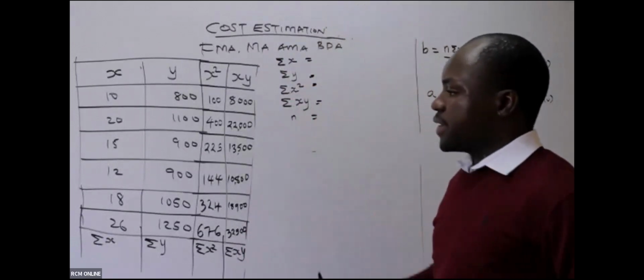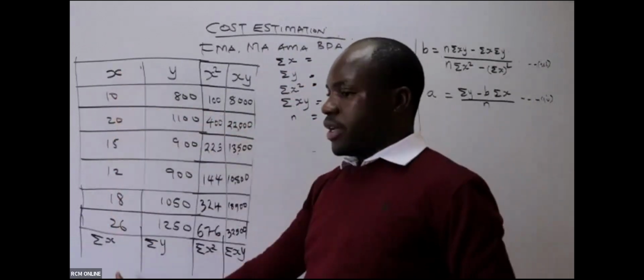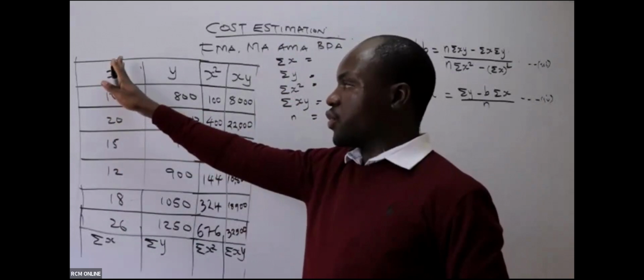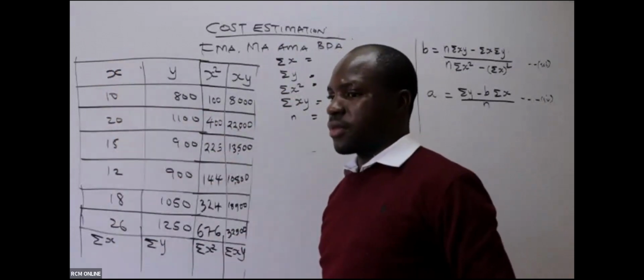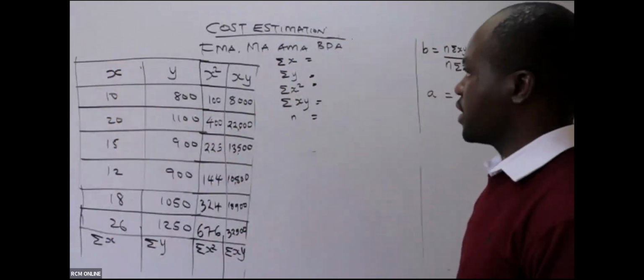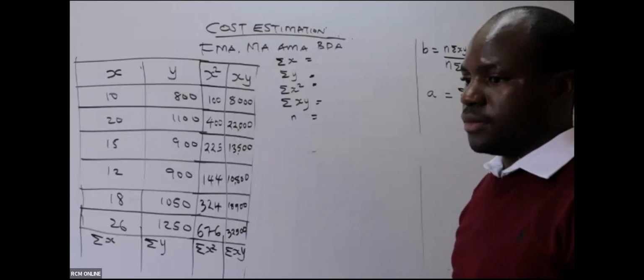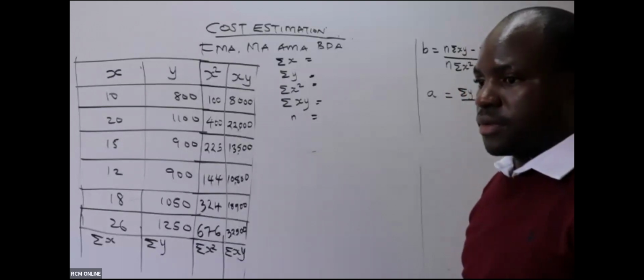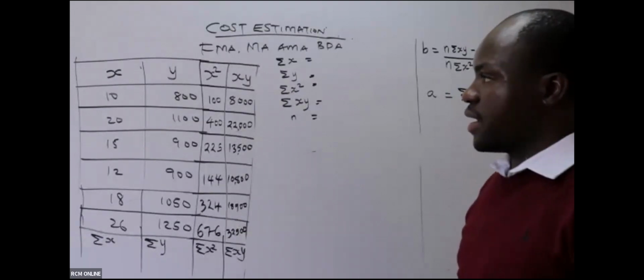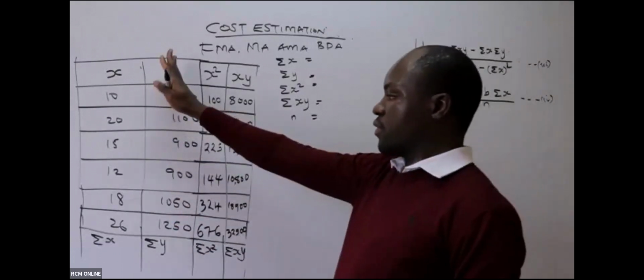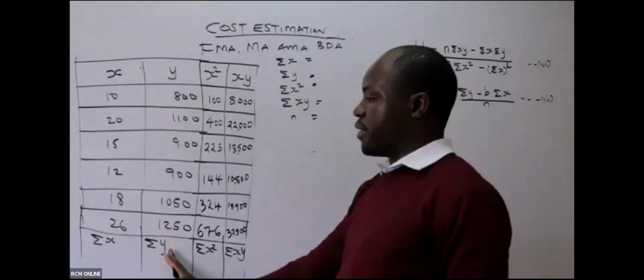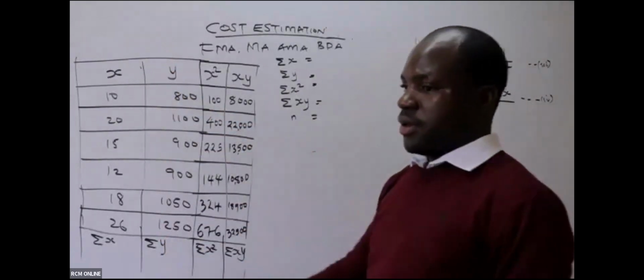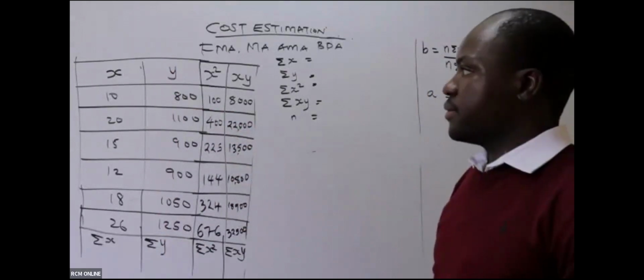So summation of x, when you add everything in this column, what are we getting? Somebody to give us the totals for this column. Another person to give us the total amounts in column y. Yes, what are we getting?